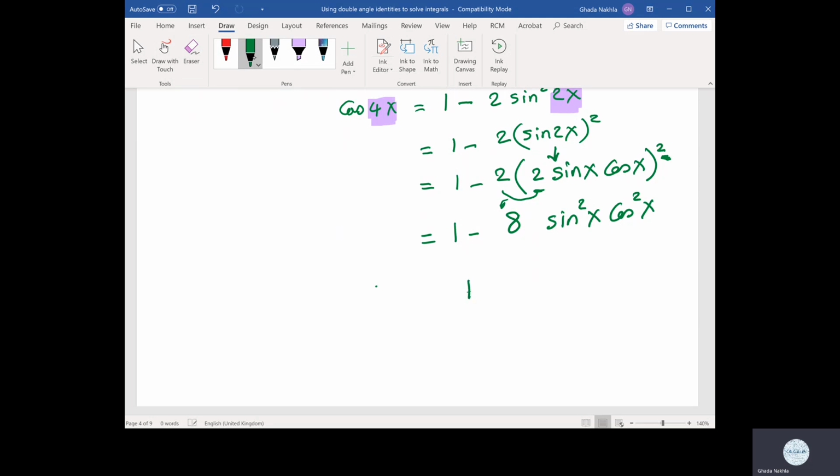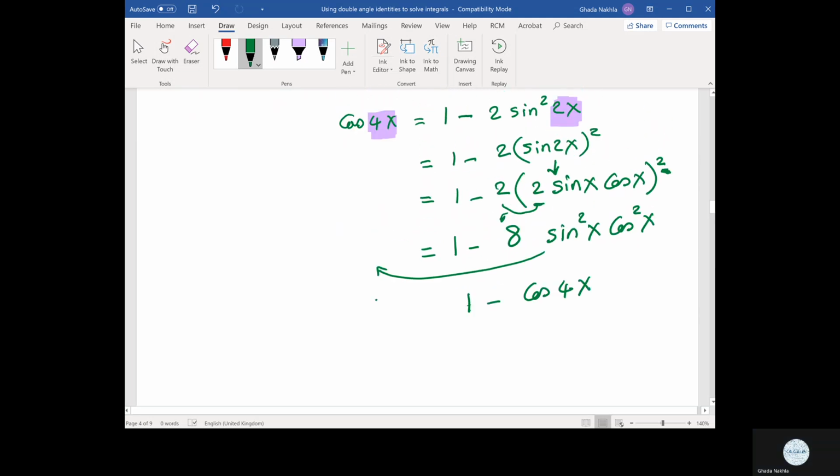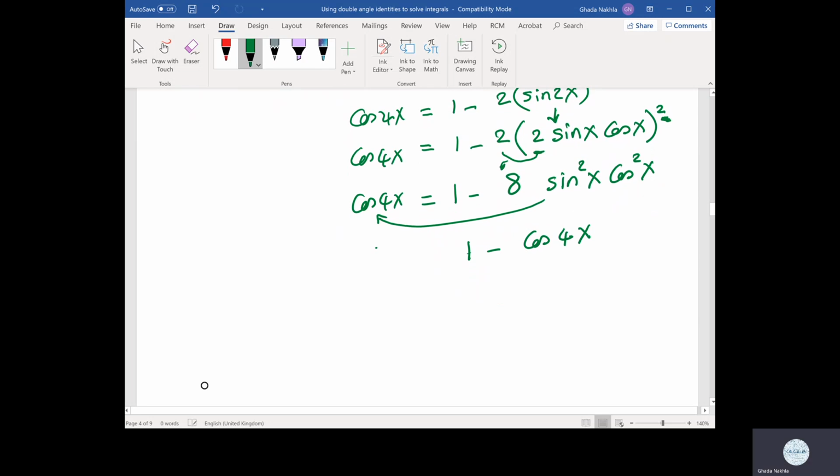I can go 1 minus cos 4x, and that is equal to 8 sine squared x cos squared x.